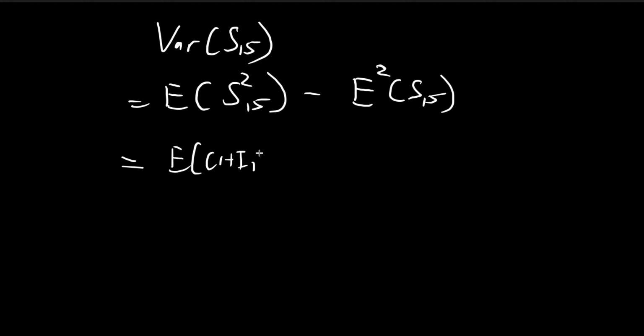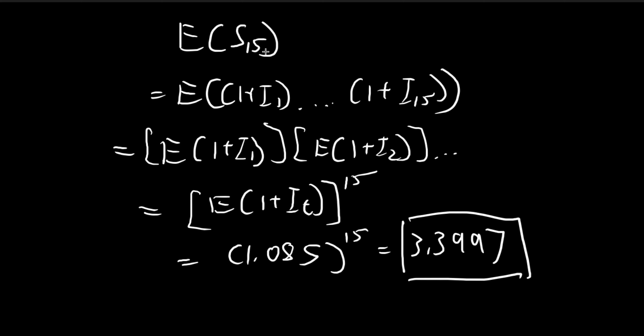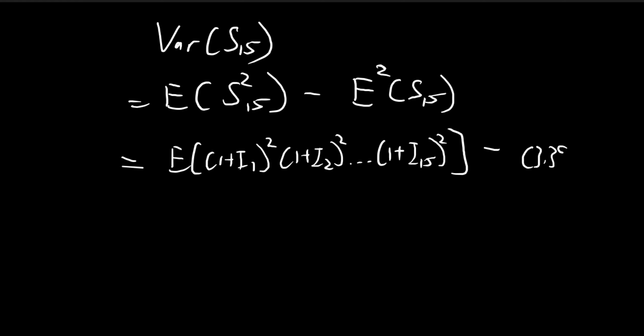So S15 squared is just equal to 1 plus I1 squared times 1 plus I2 squared all the way to 1 plus I15 squared, minus the square of the expected value of S15. We found the expected value of S15, that's equal to 3.3997. So we just square this.